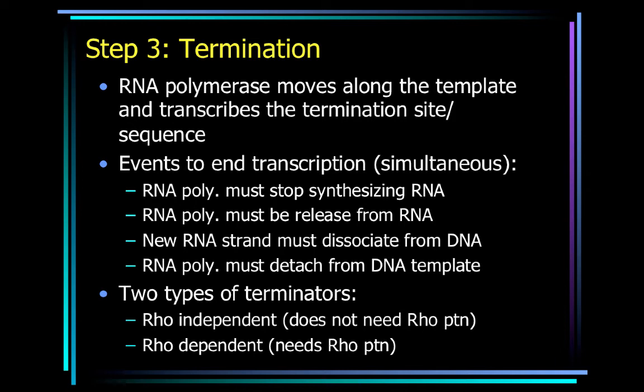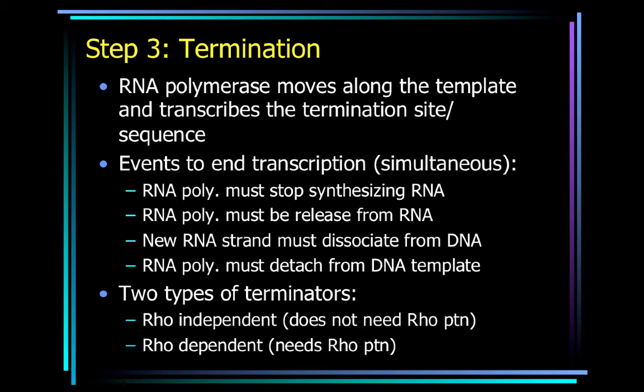The RNA polymerase must stop synthesizing RNA, then it has to be released from RNA. The new RNA strand has to disassociate from the DNA, and then RNA polymerase must be detached from the DNA template. Those events happen very, very quickly, and a lot of times simultaneously.